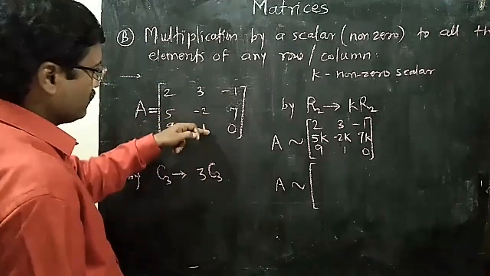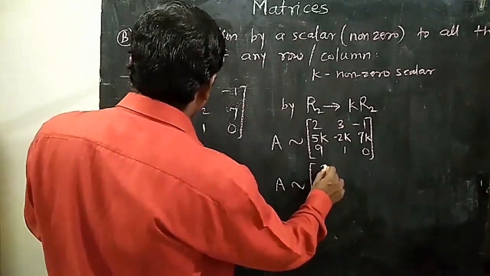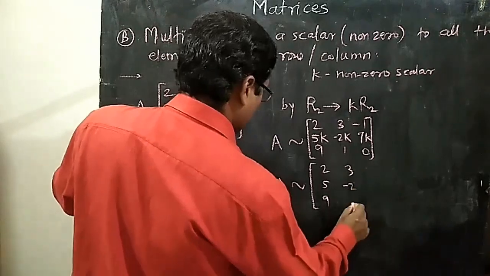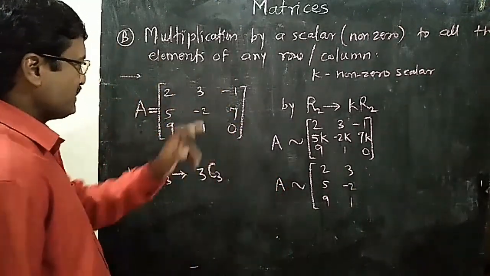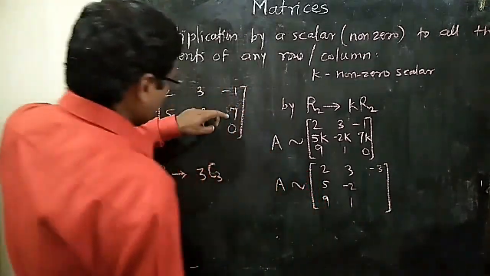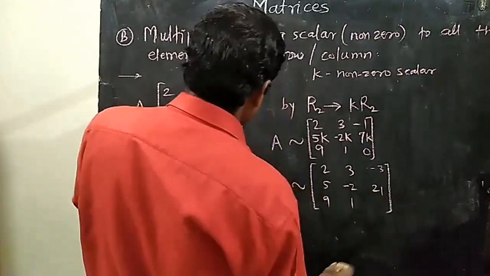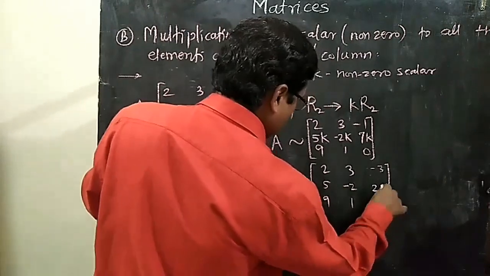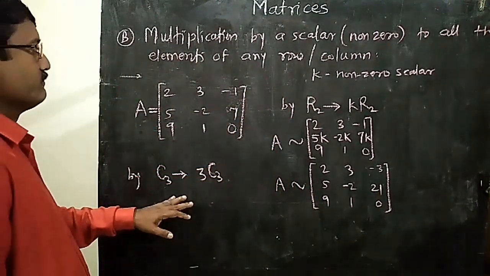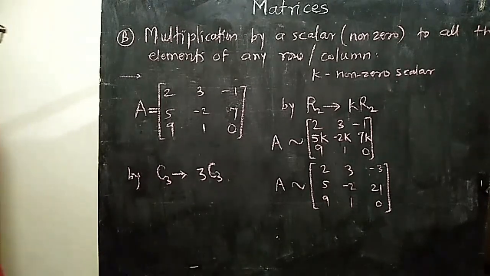The first column and second column remain as they are. So 2, 5, 9, 3, -2, 1. Let us multiply each element by 3. We get -3. 7 into 3, that is 21. And 0 into 3 is 0. So this is the new matrix obtained by this operation, that is scalar multiplication.